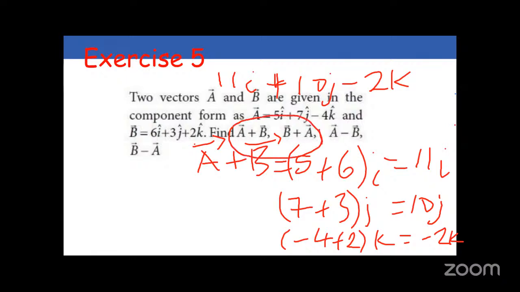Vector A plus B is equal to vector B plus A.